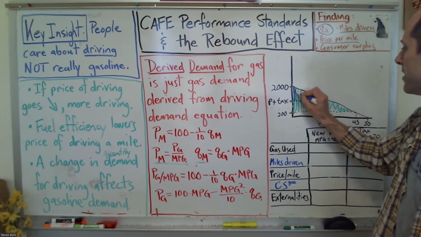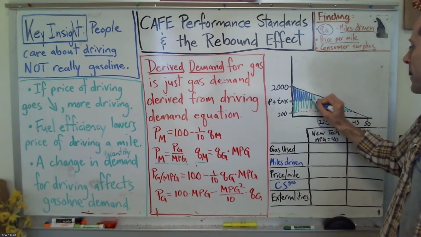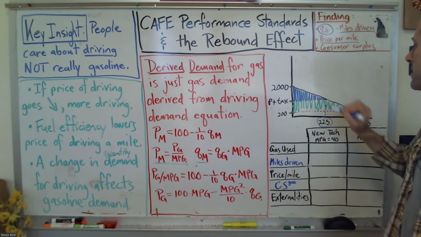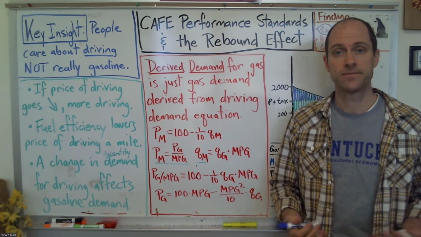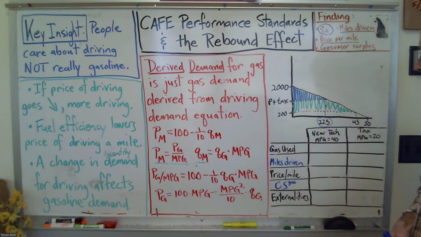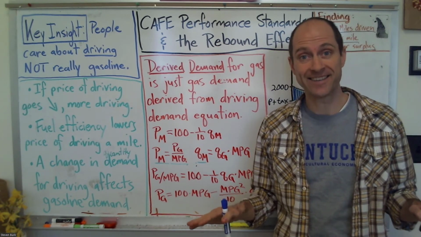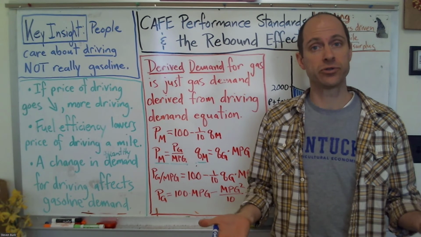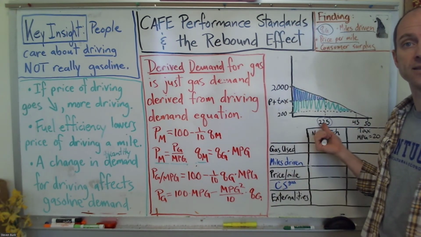So the consumer surplus is considerably less under the corrective tax. Consumers do not really care for the tax. In fact, producers don't really care for the tax because now they're selling a lot less gasoline.